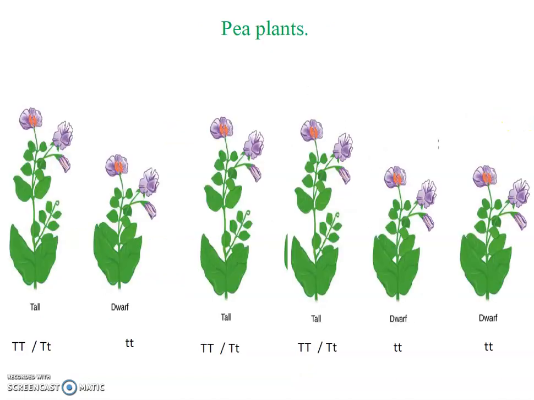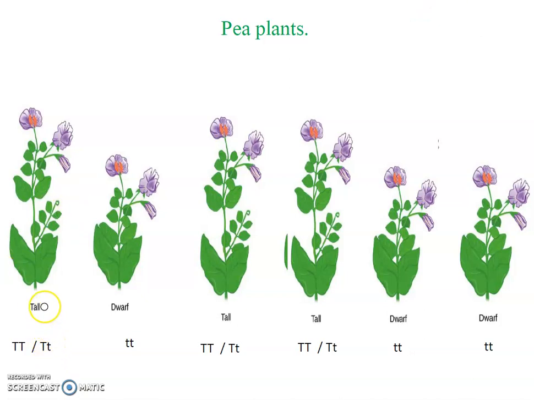Pea plants. Mendel performed his experiment on garden pea plants in his experimental garden. For that purpose, he selected 7 traits or characters. We selected here one trait, tall and dwarf, for the study of test cross. In these pictures, there are tall plants and dwarf plants.